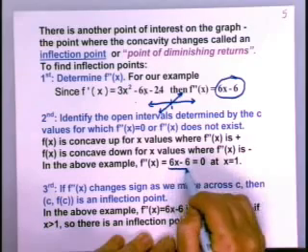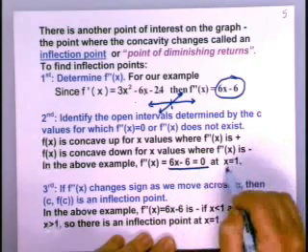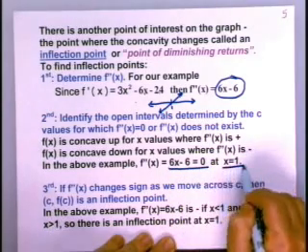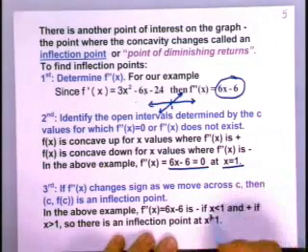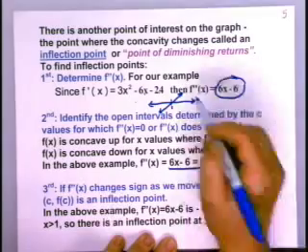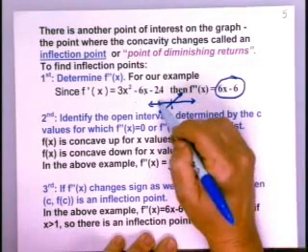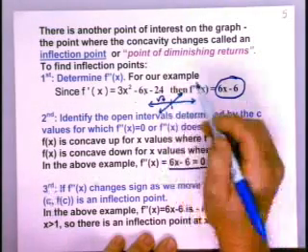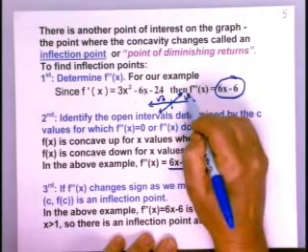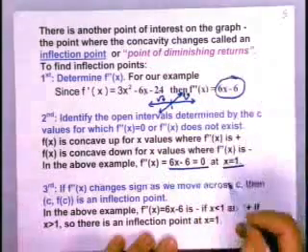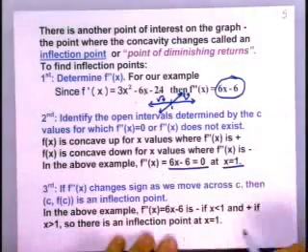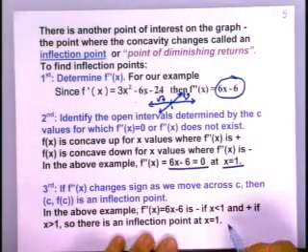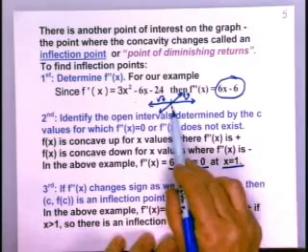So after we set 6x minus 6 equal to 0 and determine that that is at x equal 1, then we would observe that for values of x less than 1, the graph would be concave down, and for values of x greater than 1, the graph would be concave up, because the second derivative is positive. So at x equal 1, the concavity changes, and so there is an inflection point at x equal 1.